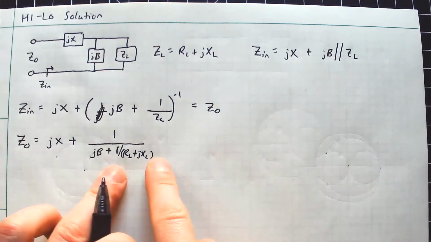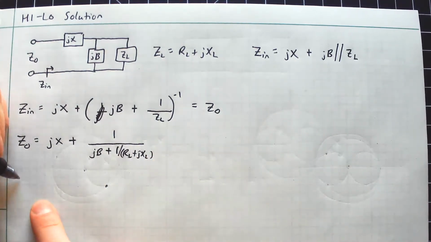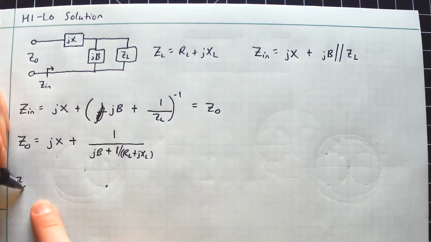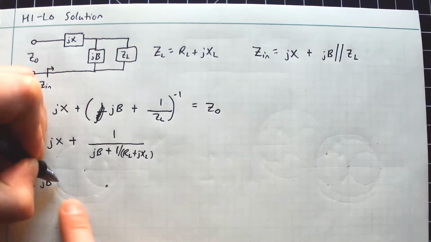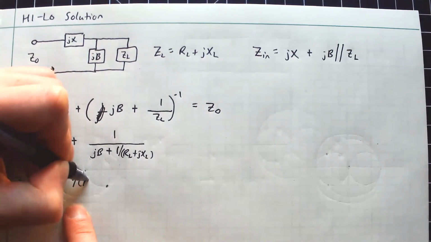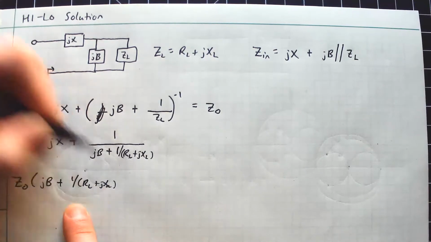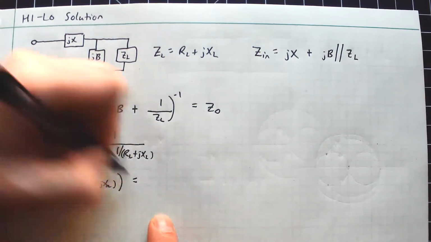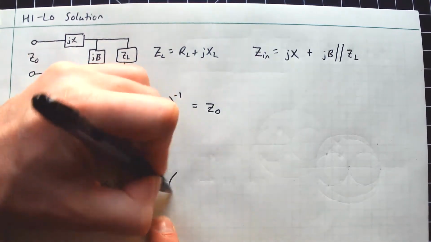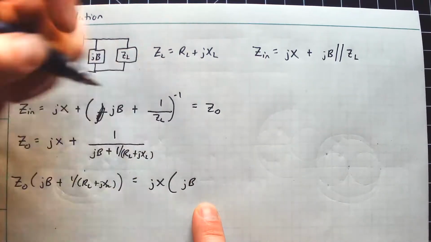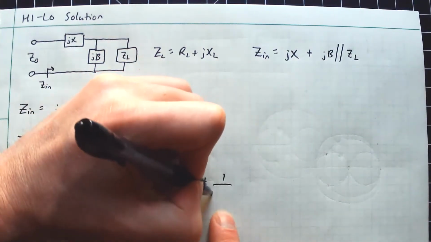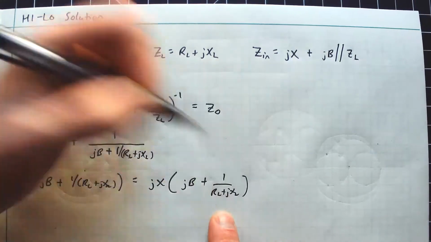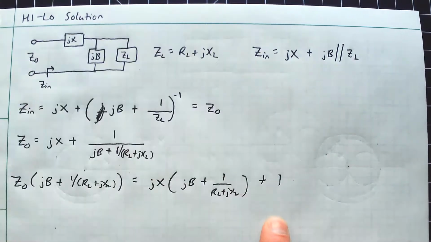First, I'm going to cross multiply. So I might get something like Z naught times (jB plus 1 over (R sub L plus jX sub L)) equals jX times (jB plus 1 over (R sub L plus jX sub L)) plus 1.